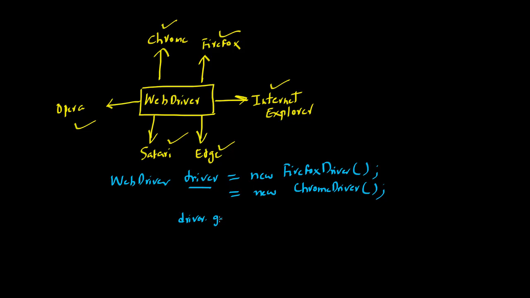So whatever interactions you want to do on the Chrome browser, you can simply do driver.get, page title. We will look at the API in a little bit and explore the different kinds of methods you can call on the driver. So at a given time, you can assign whatever type of browser you want to interact with. Now let us take a look at the APIs available for WebDriver.